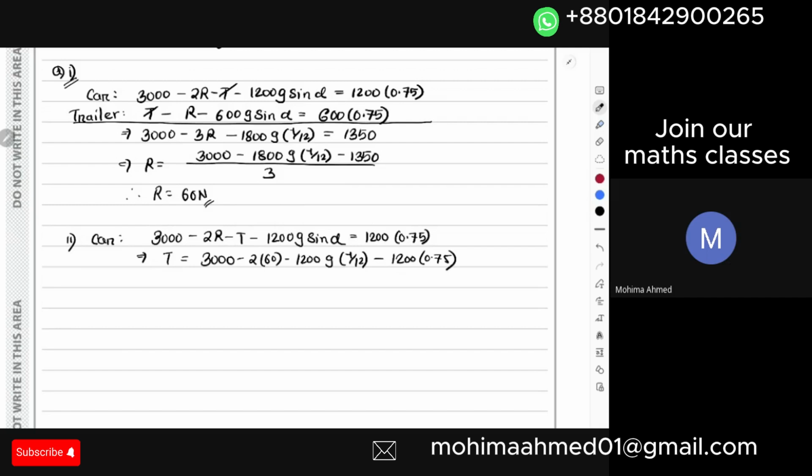So you finally get your answer as 3000 minus 260 minus 1200 times 9.8 into 1 by 12, then again 0.75 times 1200. So you get 1000. The value of your tension in the tow bar was 1000 Newton over here.